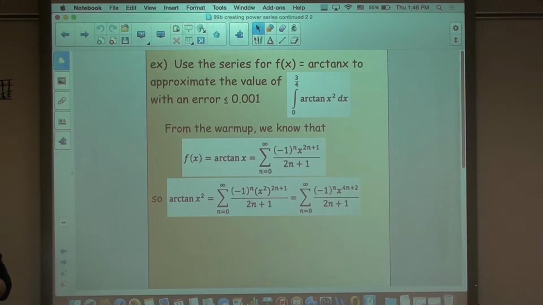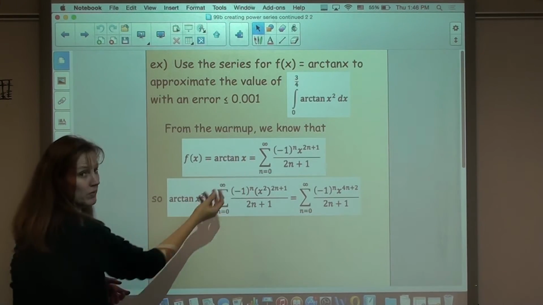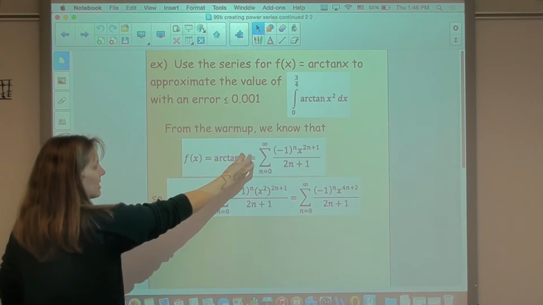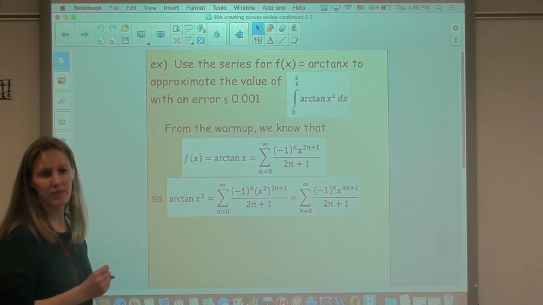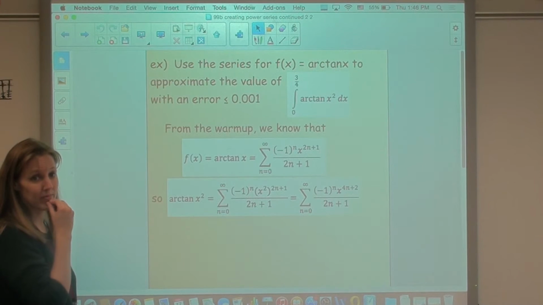There's no x on the bottom. All you're doing, literally, is thinking of this as an arctan u. You're literally plugging an x squared in for that variable.